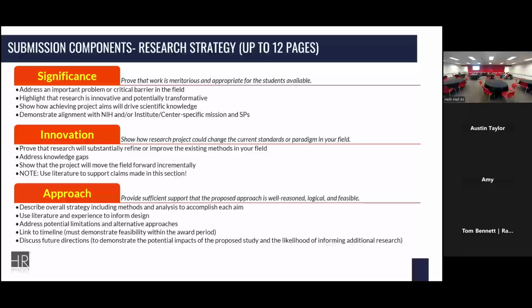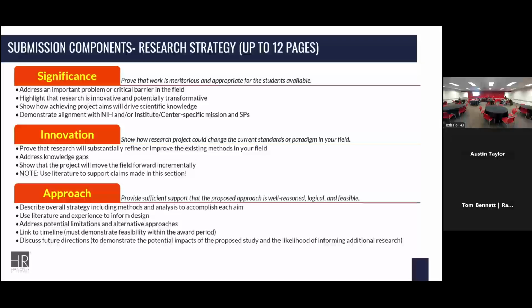One of the ways I encourage PIs to do this is, okay, we all know the NIH mission, it sounds very broad and generic, right? It's like a one-liner. If you're applying to the National Institute on Aging, go to their website. All these institutes and centers have their own mission. It's kind of a remix of the NIH mission, but they also have their individual institute or center strategic plan. And in that strategic plan are their strategic priorities.